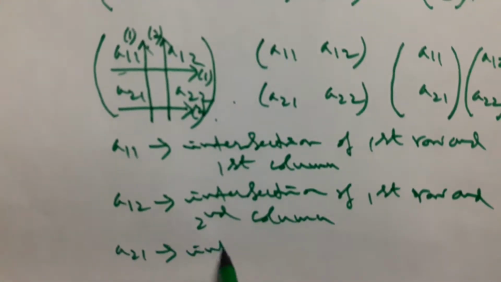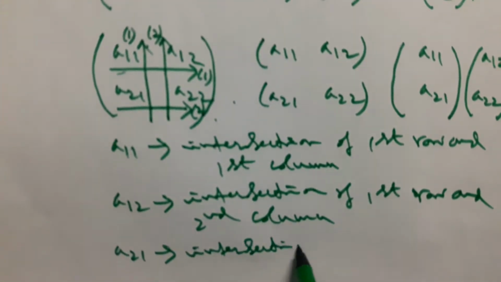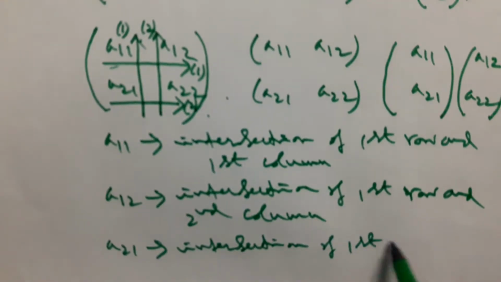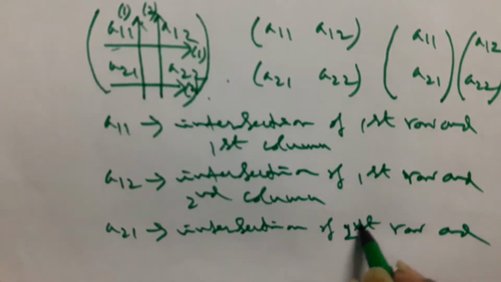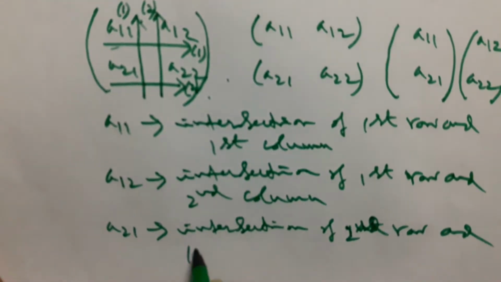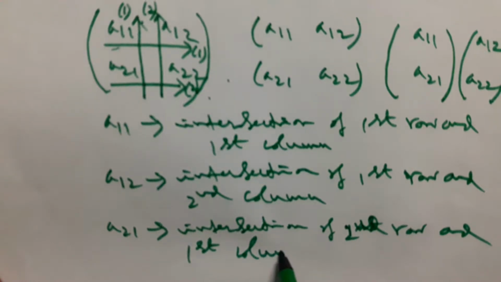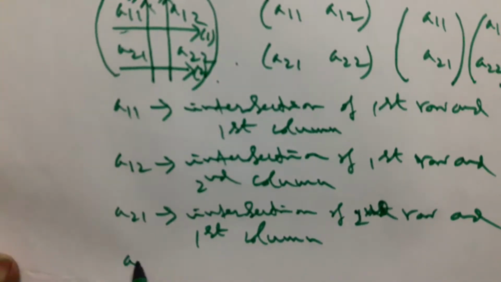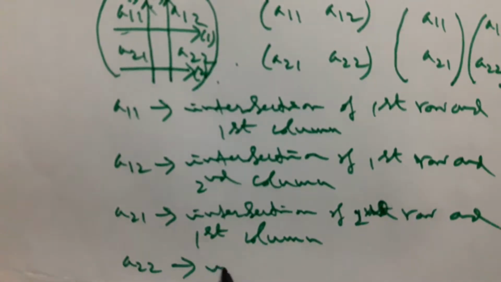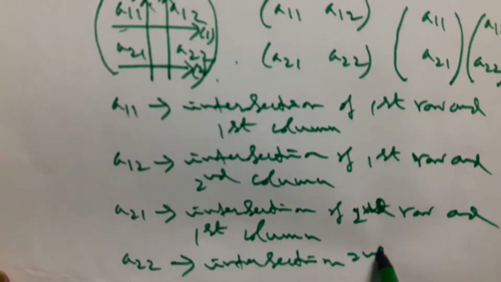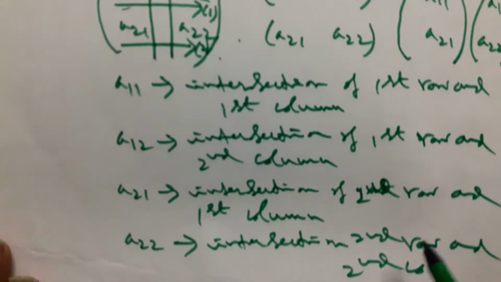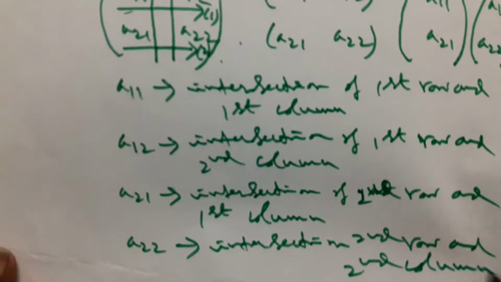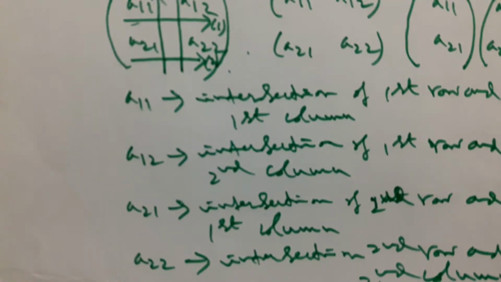A21 is the intersection of the second row and first column, and A22 is the intersection of the second row and second column. So in this way we can represent it.